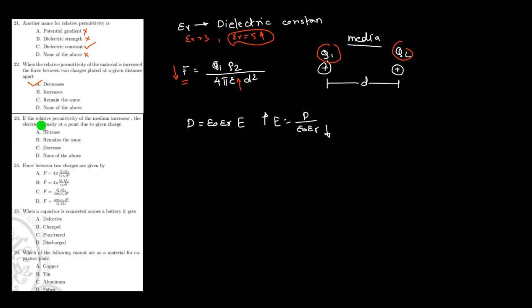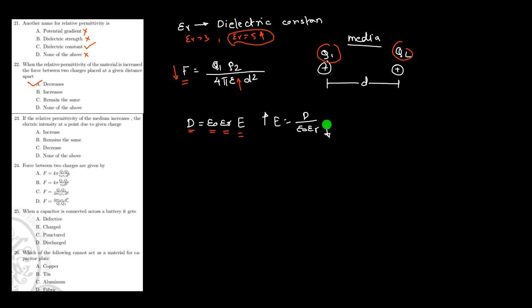If the relative permittivity of the medium increases, what happens to the electric field intensity at a point due to a given charge? We know that electric flux density and field intensity are related by D equals epsilon 0 epsilon r into E. So E is D divided by epsilon 0 epsilon r.